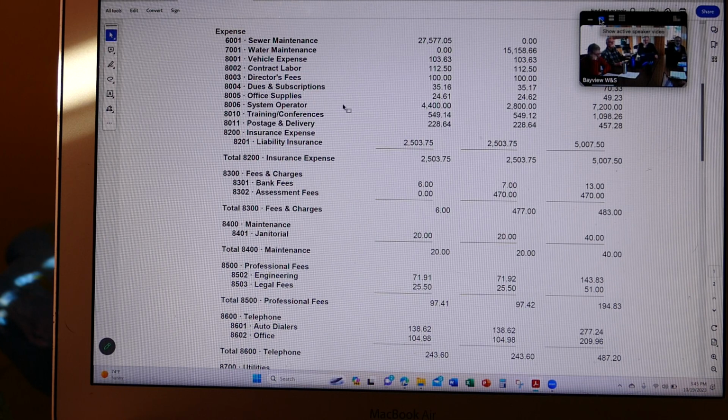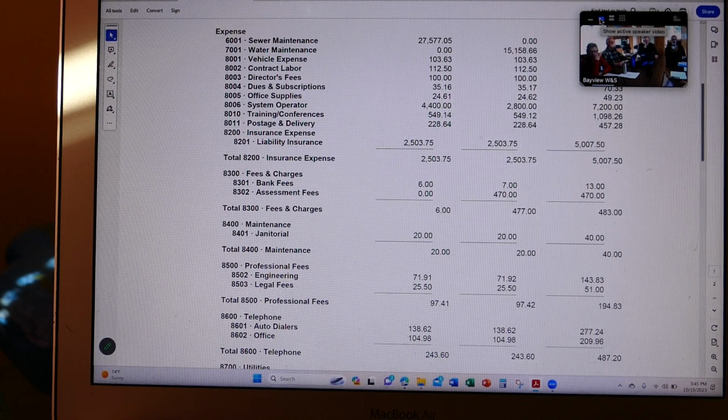It's our routine vehicle expense for Bob and I's mileage, mine for deposits, filing, Bob's for his routine mileage, doing tests, things like that. Contract labor, $225 for lawn mowing.